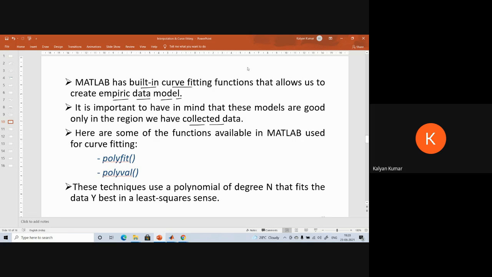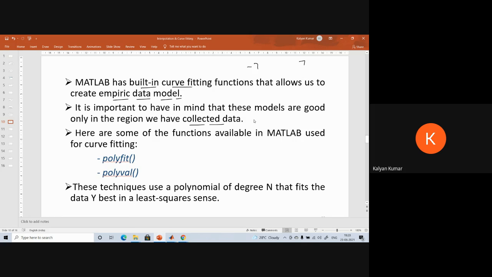Suppose we take, in the previous example, -7 to +7. Whatever mathematical relation between y and x that MATLAB develops will work well within the limits of -7 to +7. When the limits exceed beyond -7 to 7, the accuracy of the relation between y and x is not going to be that good.